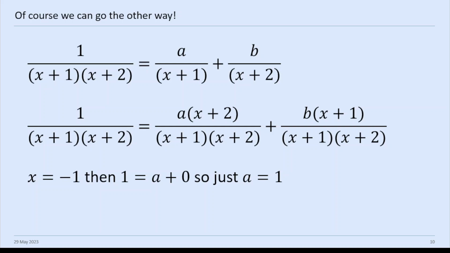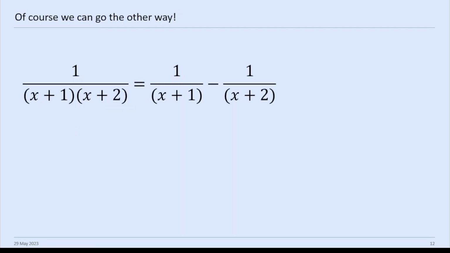So then you just literally get 1 equals a plus 0, because if x is minus 1, that's a times 1, it's just a, and the b(x plus 1) term disappears when x equals minus 1. So you just get a equals 1, and then if we substitute in x equals minus 2, that removes the a term in the numerator, and we just get minus b equals 1, so b equals minus 1. So a equals 1, b equals minus 1, so the answer looks like this.